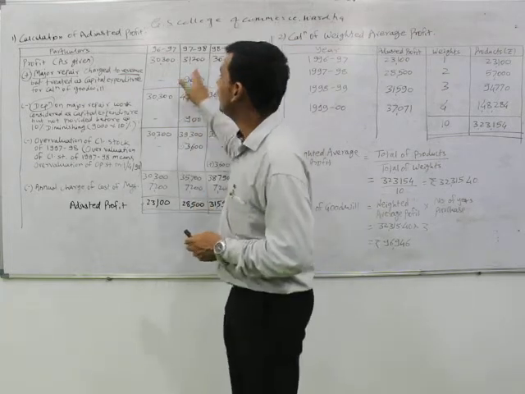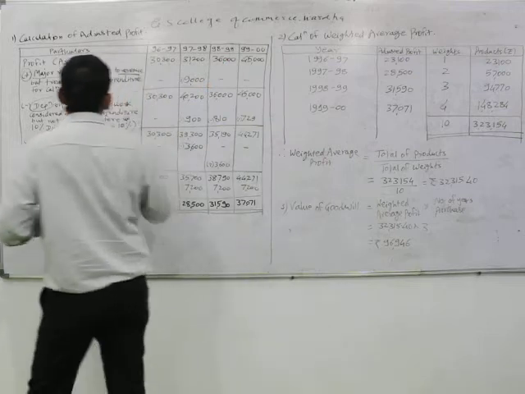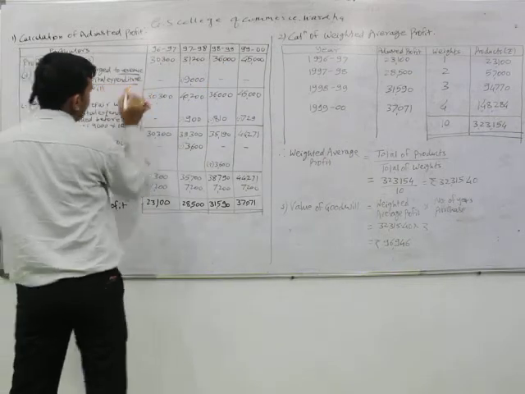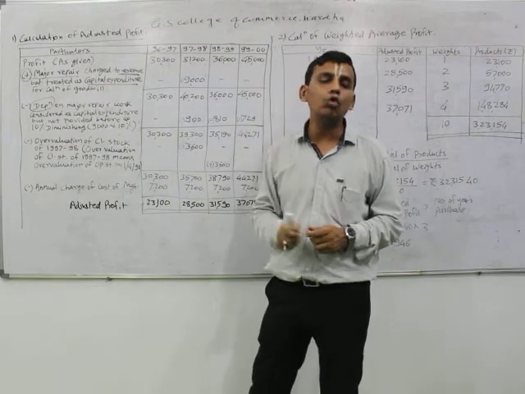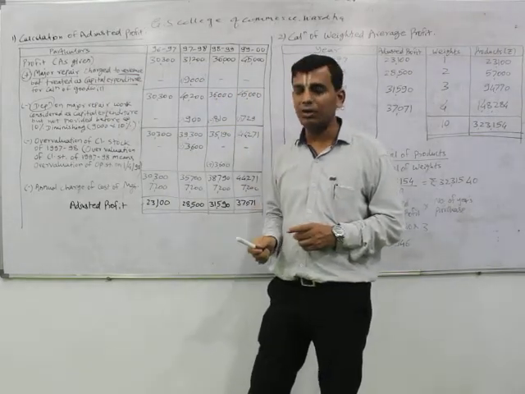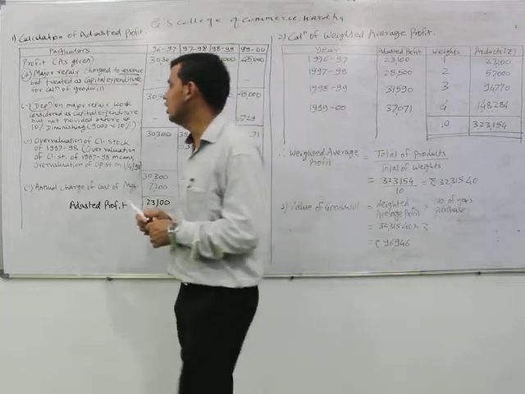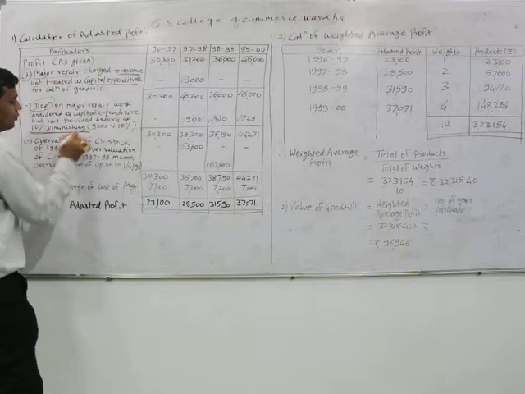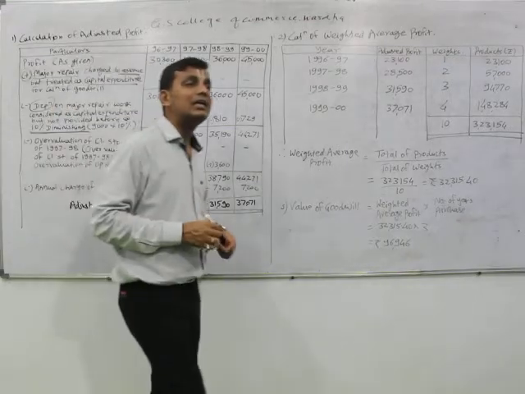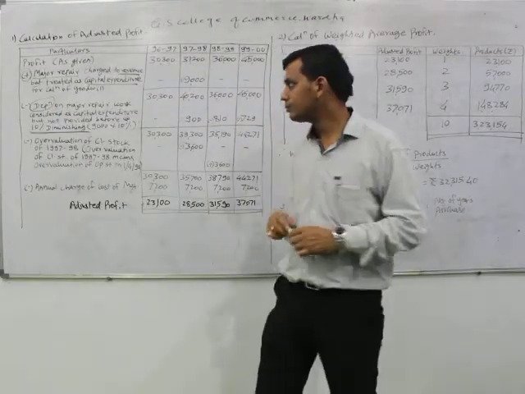But here, as we have charged it under the head of capital expenditure, and capital expenditures are subject to depreciation. The rate of depreciation given in the question was 10% diminishing value.